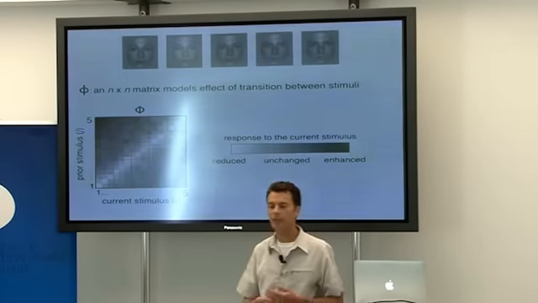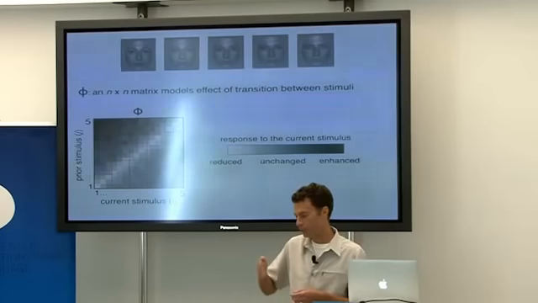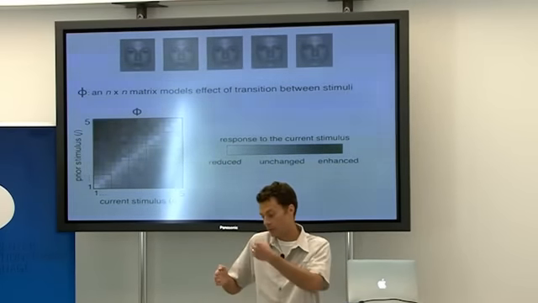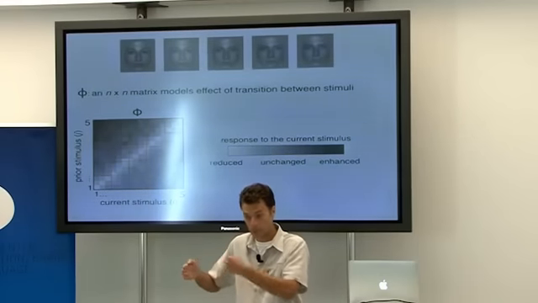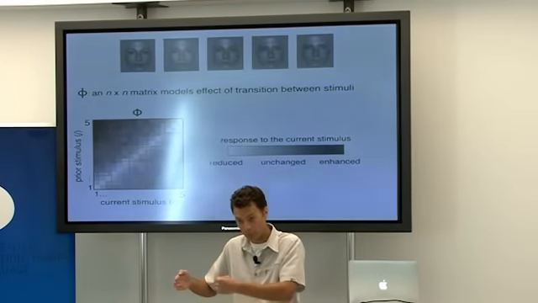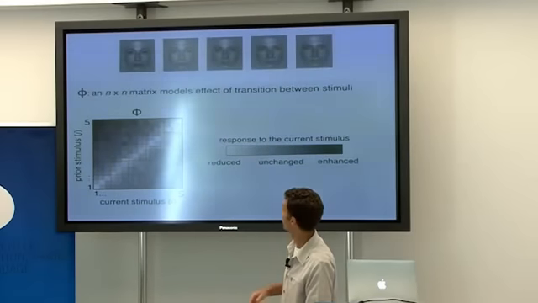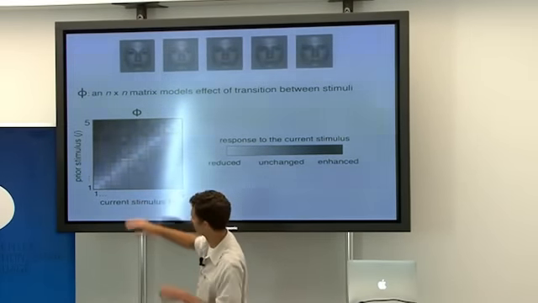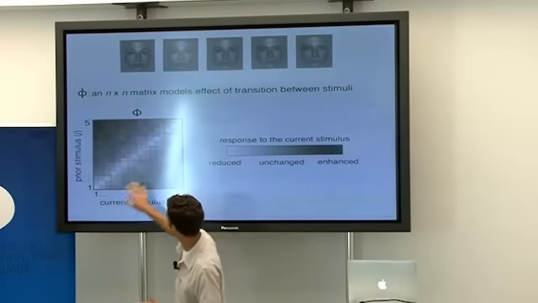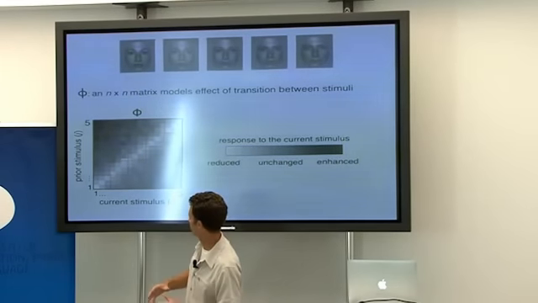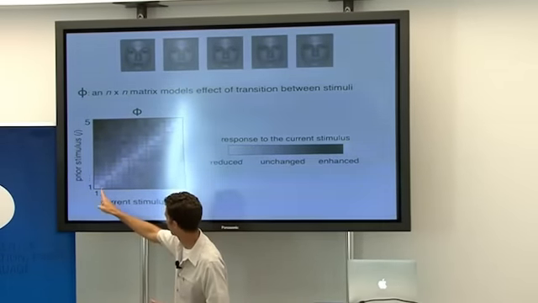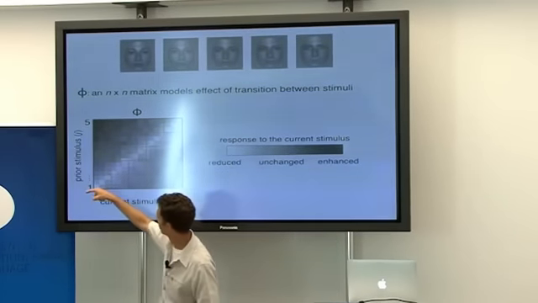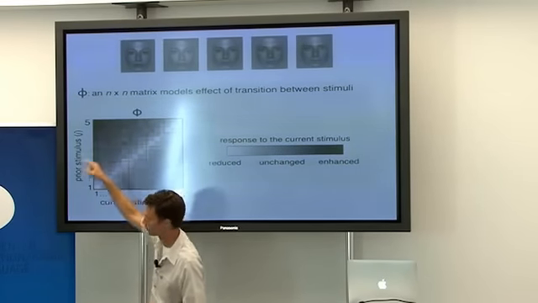You're interested in the response to a face as a function of what the face that came before it was. I'm sorry, this has more detail than it needs, but it should make the point. So this matrix is the carryover effect. This is the current stimulus, face 1, 2, 3, 4, 5. And this is the prior stimulus, face 1, 2, 3, 4, 5.